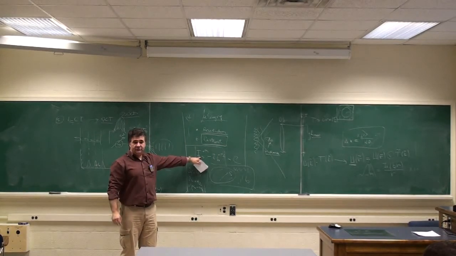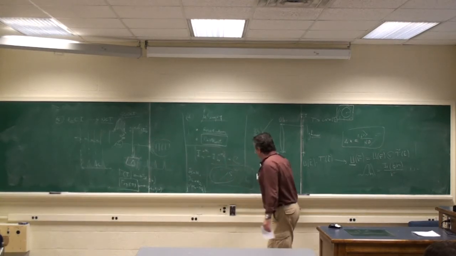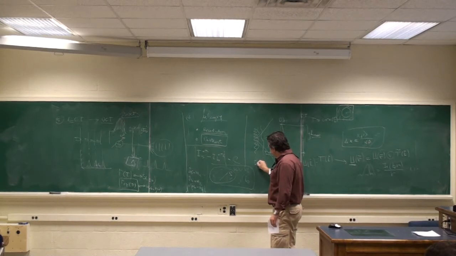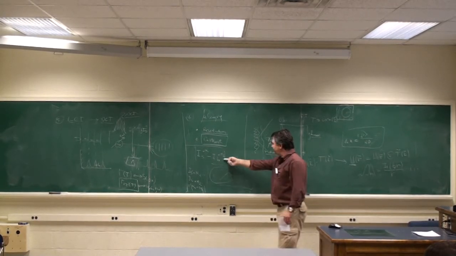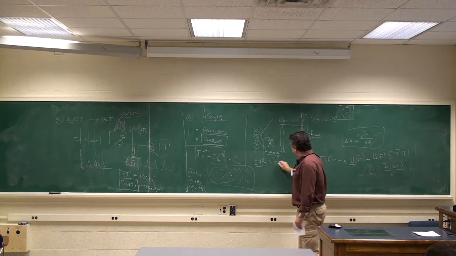Which means that this is not a sufficient definition unless your noise is small. So that's why we introduced the contrast to noise ratio, which takes the contrast and divides it by the standard deviation of the noise.